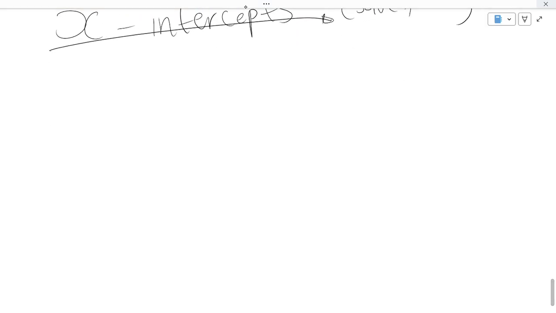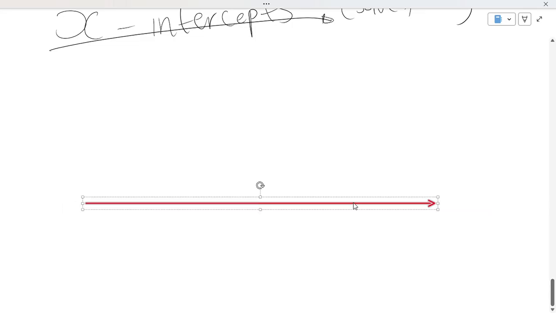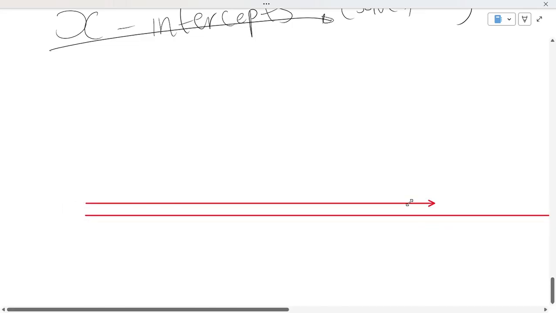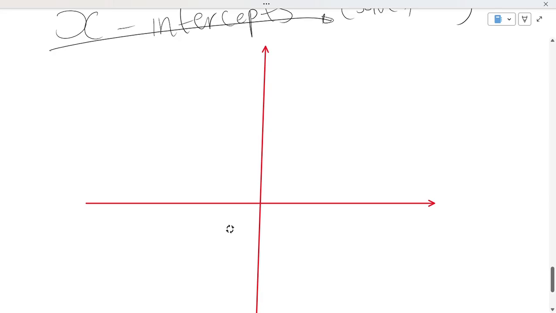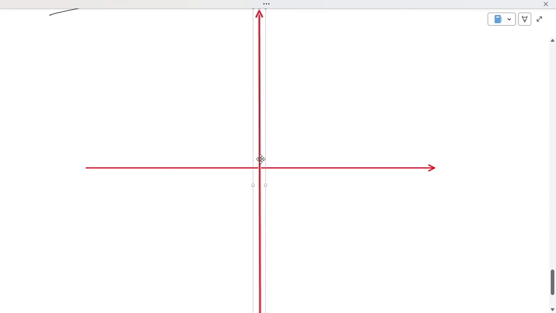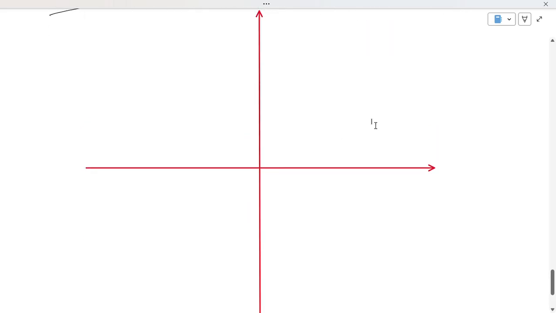So let's draw our x's something like so. Let's just leave it like that first.